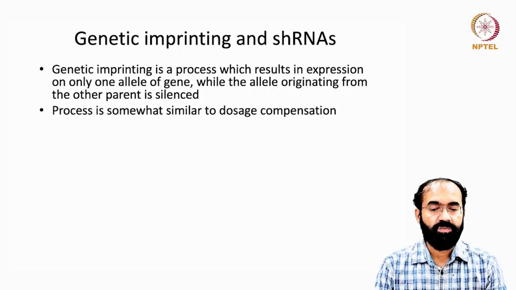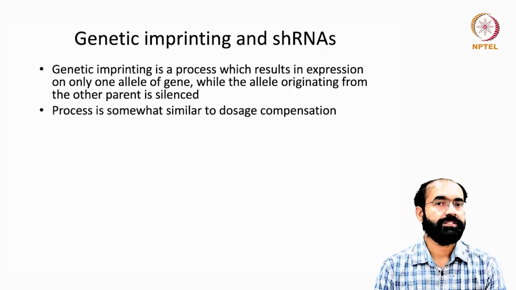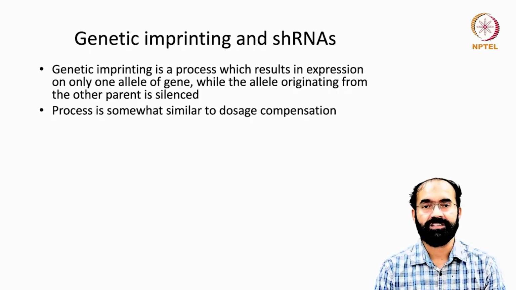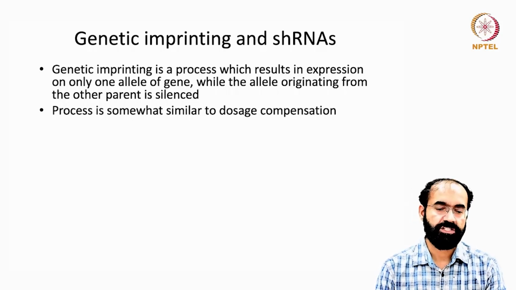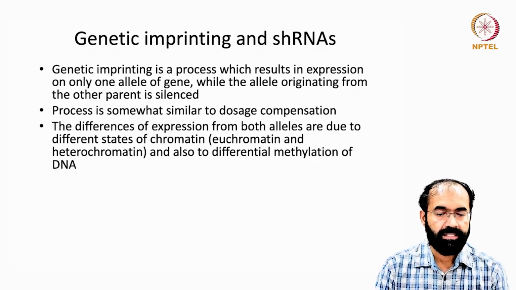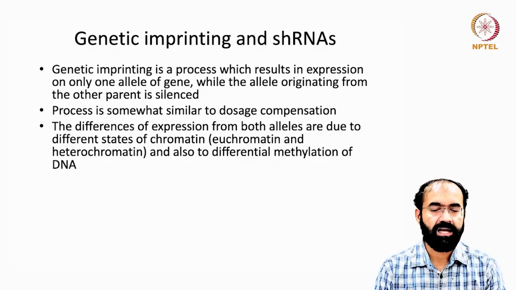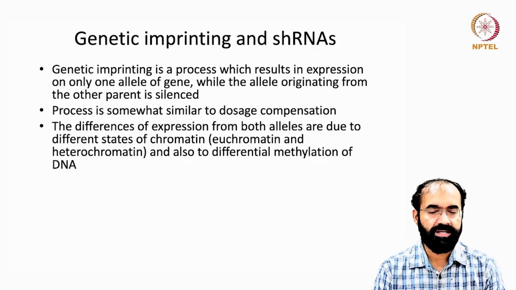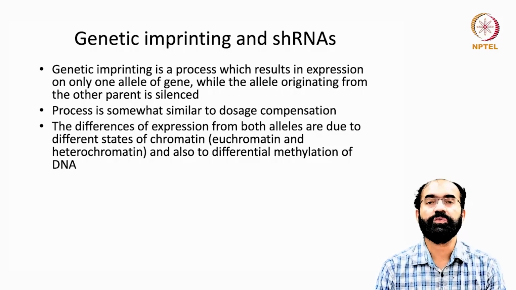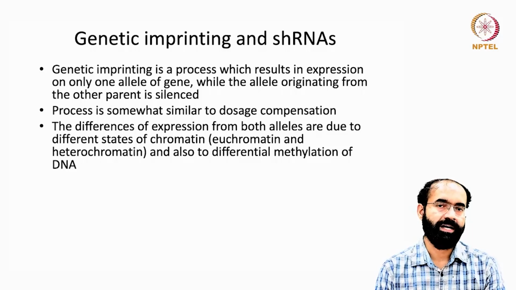The process is somewhat similar to dosage compensation. We studied imprinting to some extent while discussing dosage compensation also. The differences of expression from both the alleles are due to different states of the chromatin. Chromatin we know can be of two types, euchromatin and heterochromatin.